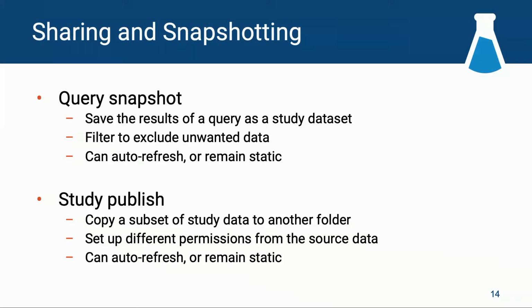And go ahead and create a separate copy of that. It's another full LabKey study. Again, it can either be automatically refreshed or something that you manually promote again in the future if you want to update it. And that new copy can have totally separate permissions from the source data because it's a whole separate folder, a whole separate study within LabKey Server.